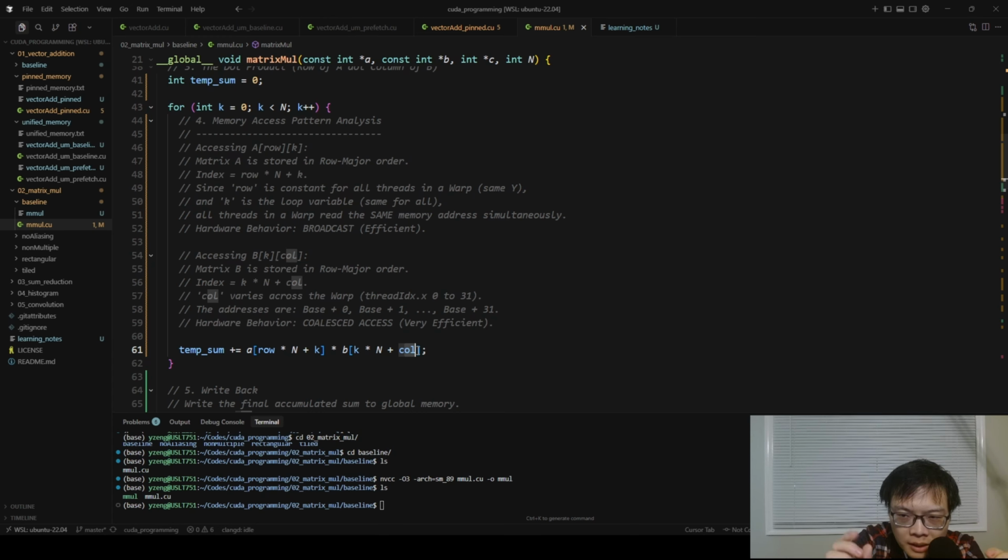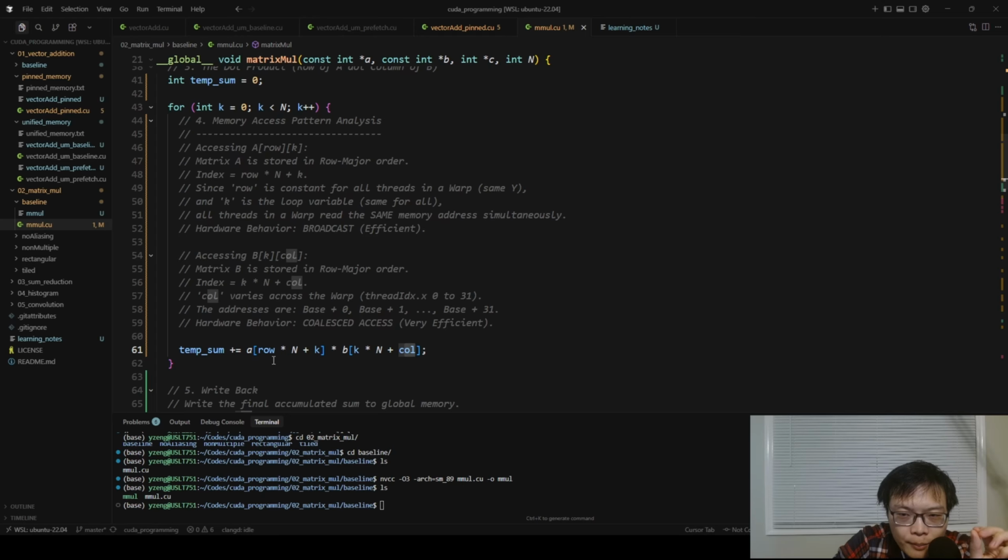Because matrix B is row major, these addresses, 0 to 31, are physically adjacent in VRAM. So the memory controller sees these 32 requests and says, hey, this is a contiguous block. It merges them into one single transaction of 128 bytes. This is called memory coalescing. It is the gold standard of GPU memory access, and the efficiency is 100%.